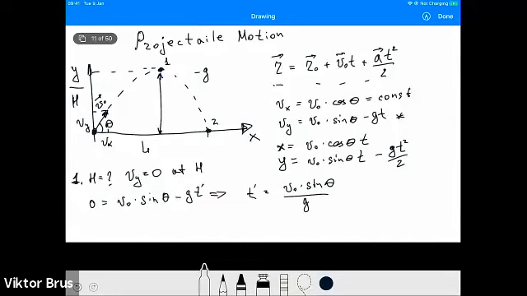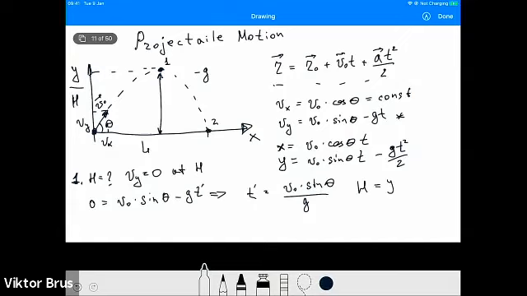So this is the time, and now if we substitute this time in the y coordinate, we will get the answer to our question. What is the height?